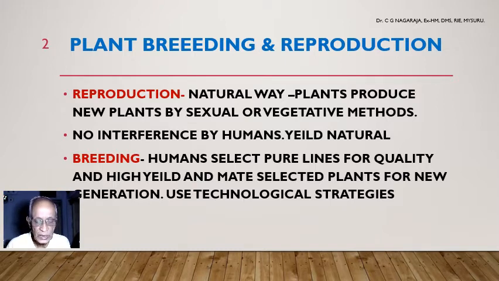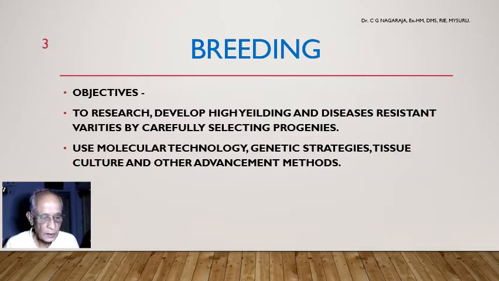Scientists will do it by using the most modern technological advances of plant science. We shall look into what it is. So in this particular PPT, I would request you to concentrate on the difference between reproduction and breeding.